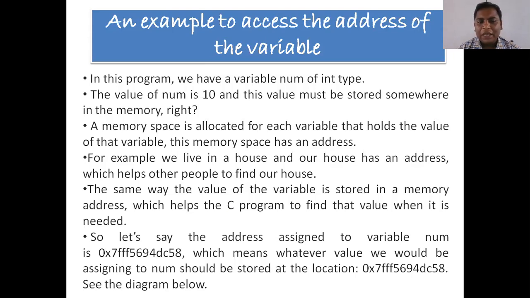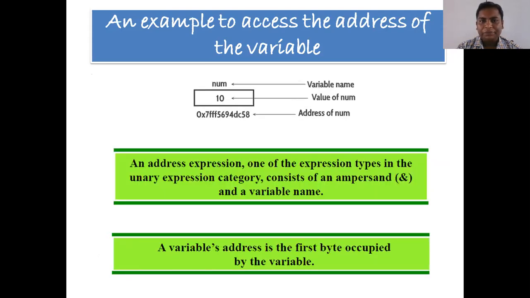So let us say the address assigned to variable num is 0x, and this value is represented in hexadecimal. We refer to a memory location with a hexadecimal number, which means whatever value we assign to num should be stored at this particular memory location. And this can be explained further in the diagram.